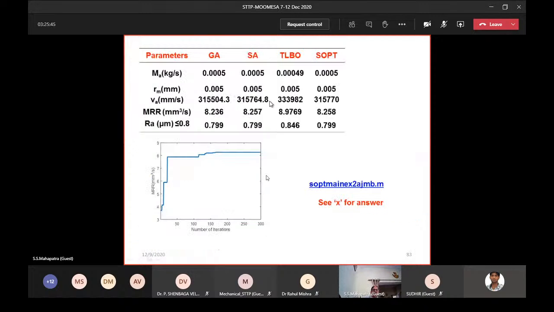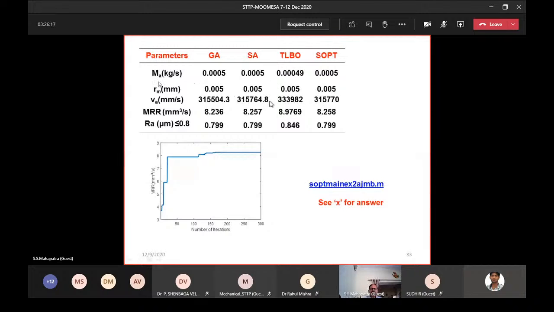Now this problem has been solved using four techniques: genetic algorithm, simulated annealing, TLBO, teaching learning based algorithm, and SOPT. Now, these are the parameters.